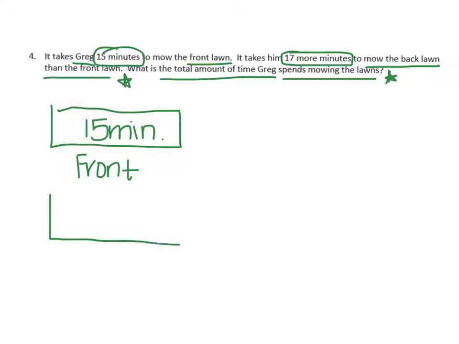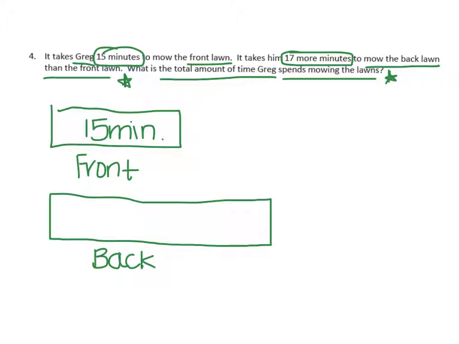So I'm going to draw a second piece of tape, making it bigger than the first one. I'm going to label this one back lawn. So it says that it takes him 17 more minutes. So it would be the 15 minutes to mow the front plus an additional 17 minutes to mow the back.